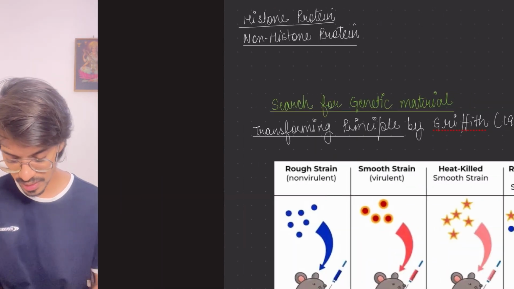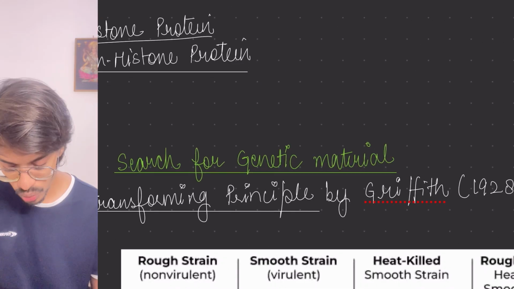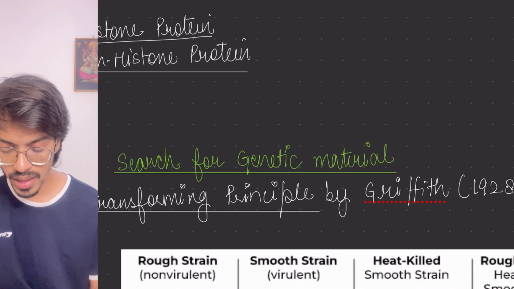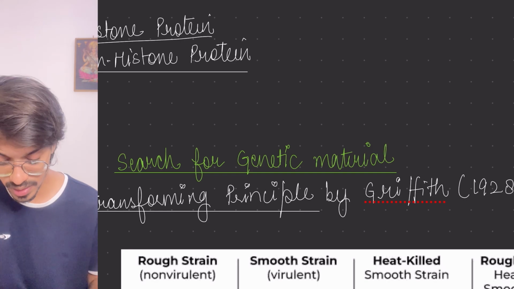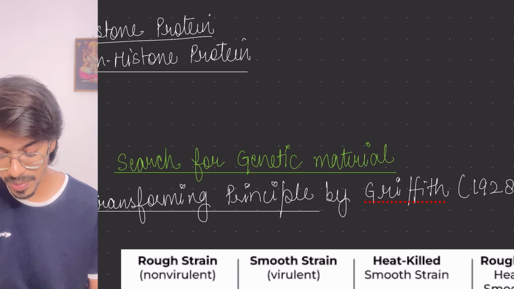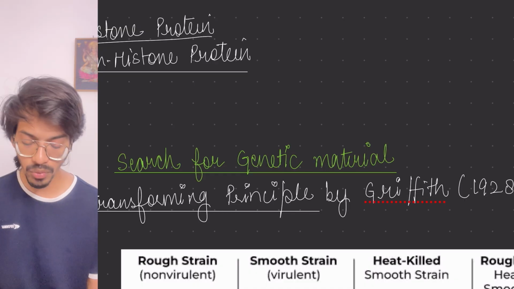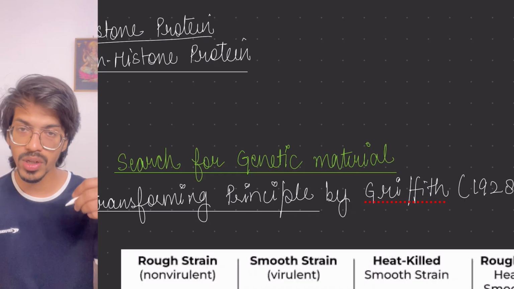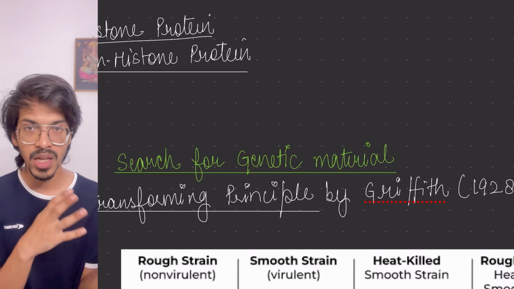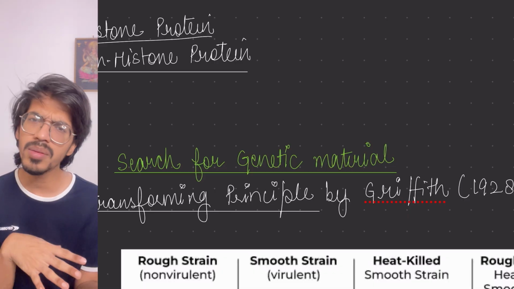After this, the next thing is the histone proteins and non-histone proteins, which we have already discussed. Then the next thing is how the DNA molecules would be present. It will be present in 2 forms: either transcriptionally active or inactive. Transcriptionally active means it will make RNA; transcriptionally inactive means it does not make RNA.